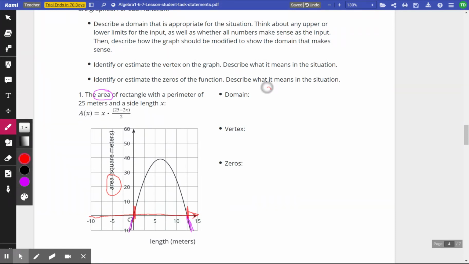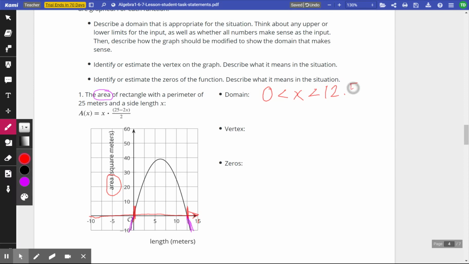So I'm going to say that 0 has to be less than x, right? So x could be 5, x could be 10, but x can't be 15 because when x is 15, my area is negative. And we know from real life you cannot have a negative area. So x also has to be less than 12.5.